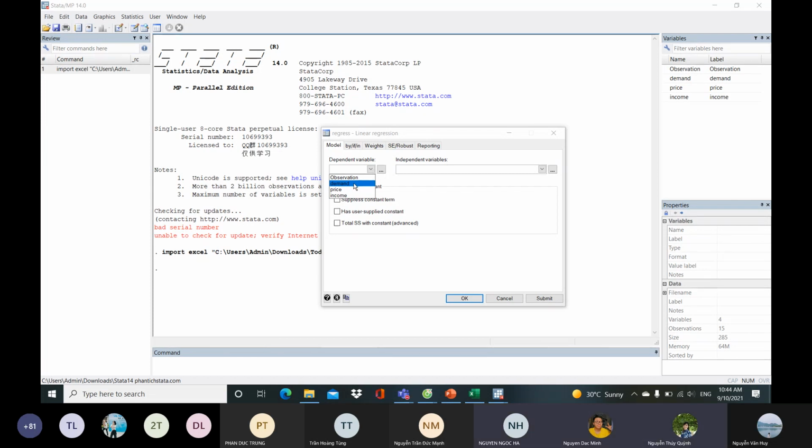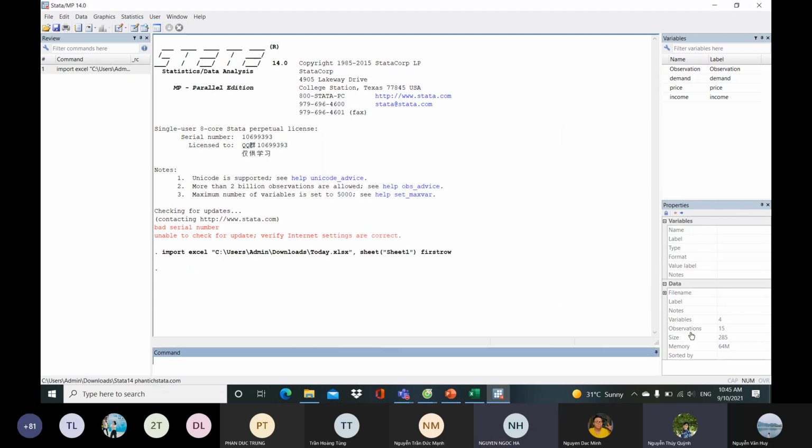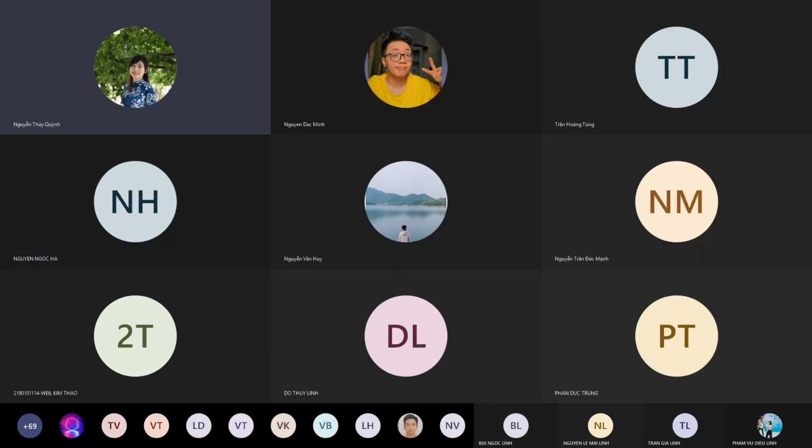Yes, but it's not moving. You can stop screen sharing and do it again. Okay, stop. Oh, I see it moving now.